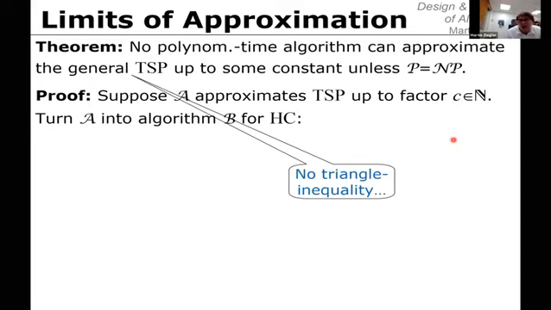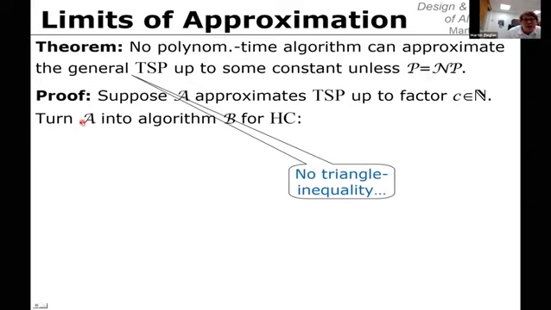And as you recall, this is a decision problem. So here there's no approximation involved anymore. The Hamiltonian circuit problem asks, is there a Hamiltonian circuit in the graph, yes or no? And if we can answer that in polynomial time, then since this is an NP-complete problem, this means that P is equal to NP, contradicting our hypothesis.